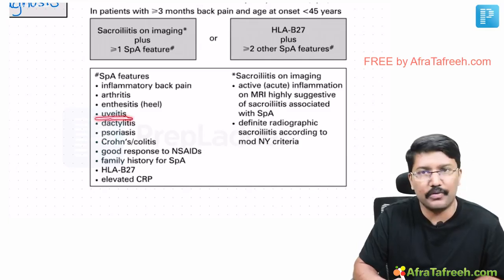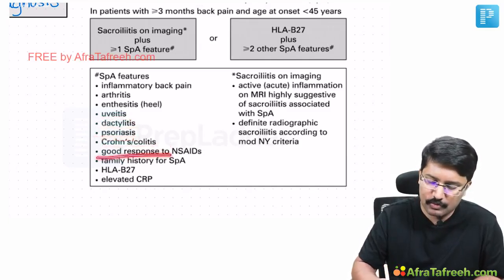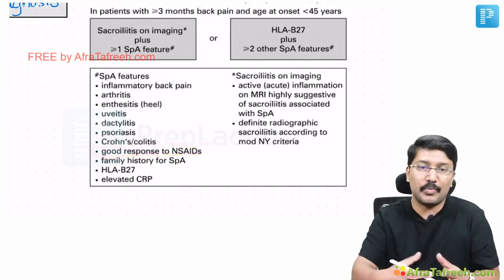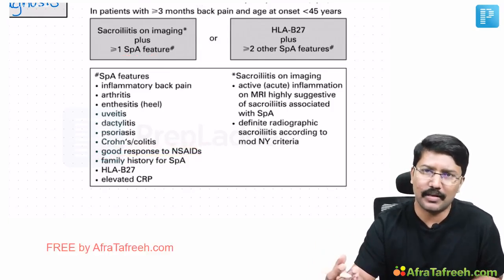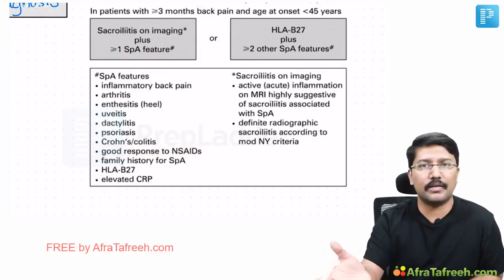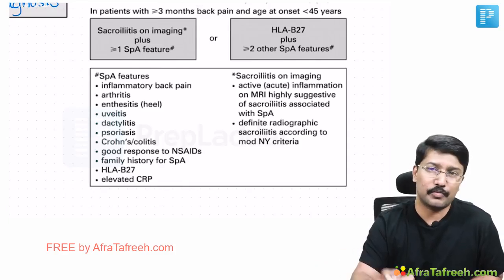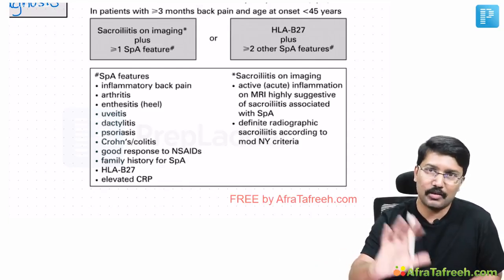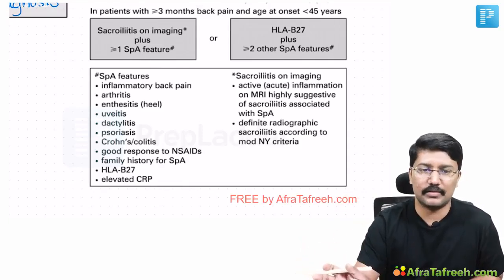Or having anterior uveitis or dactylitis, having skin manifestations in the form of psoriasis, IBD, and also history of good response to NSAID. So if they have already presented with 3 months or more than 3 months complaint of low back pain, if they tell that I feel really good with conventional NSAIDs, that should be counted as one of the spondyloarthritis features, because the mainstay of treatment, when we discuss treatment, is NSAIDs, right?